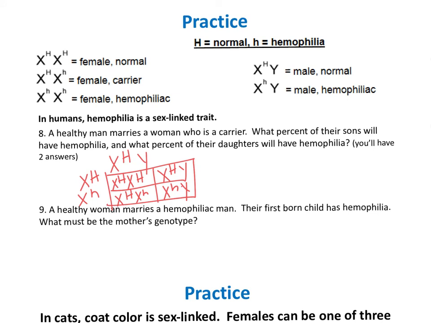In my Punnett square, I can see that half of my offspring are male and the other half are female. And I can also start to identify who has this trait and who doesn't.